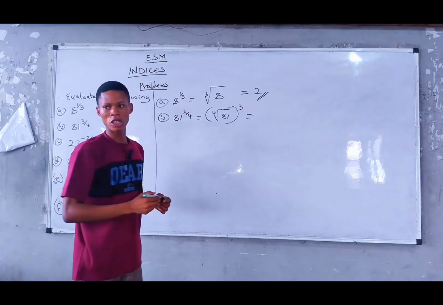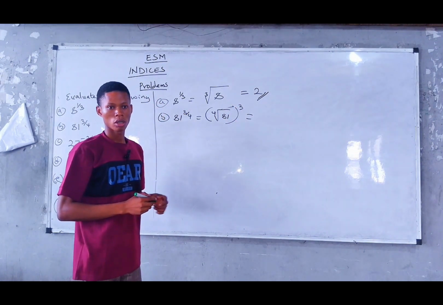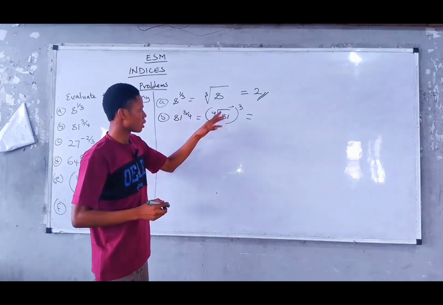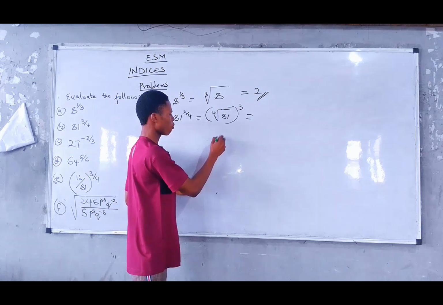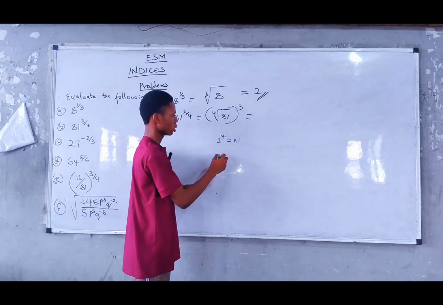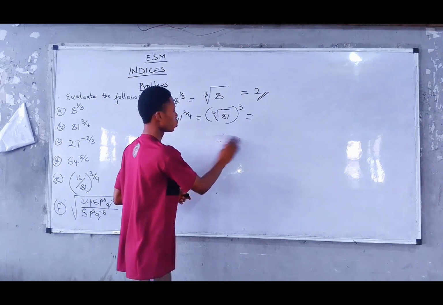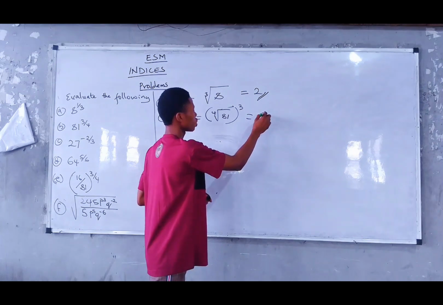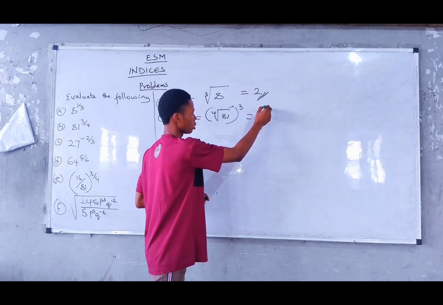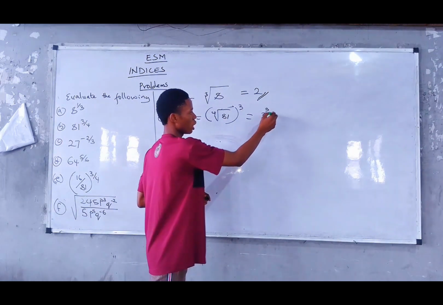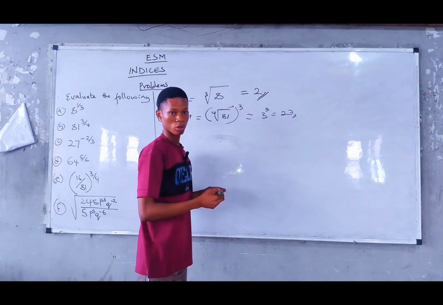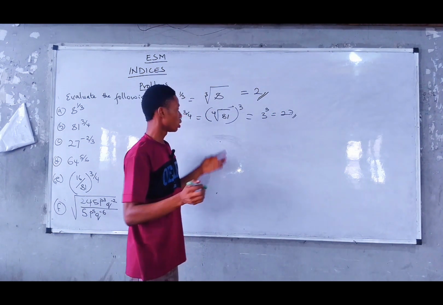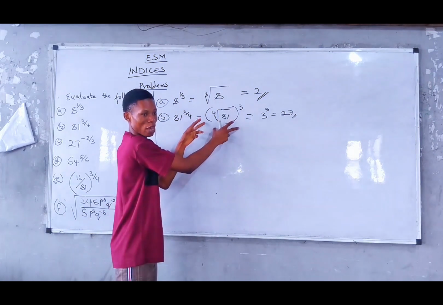The 4th root of 81 is what? 3. 3 times 3 times 3 times 3, 3 raised to power 4, gives us 81. So then 3. So 3 raised to power what now? And 3 raised to power 3 is what? 27. Do you understand how we arrange this?